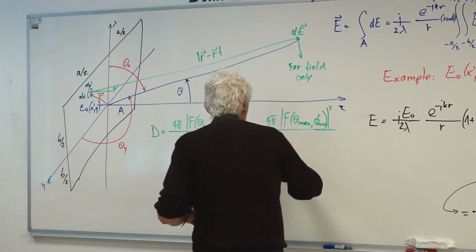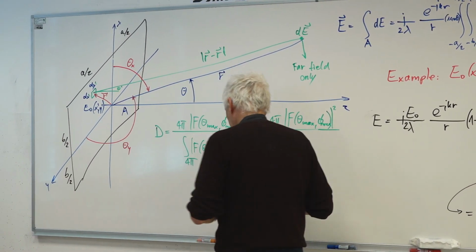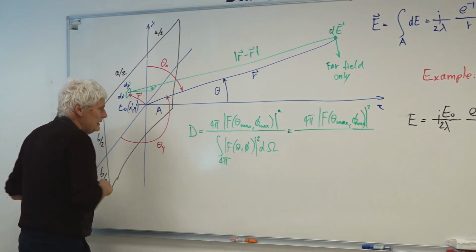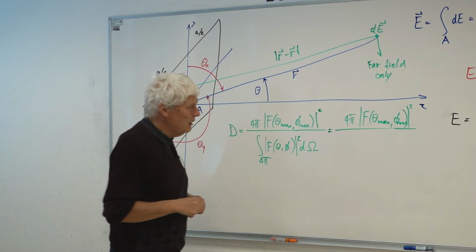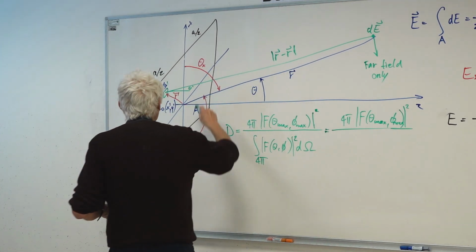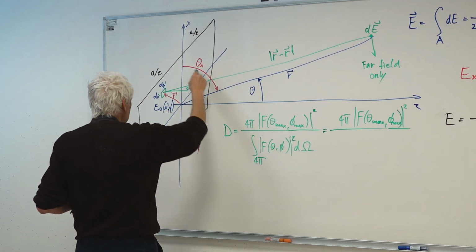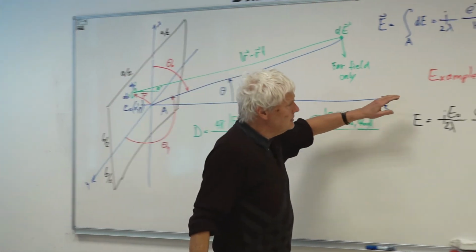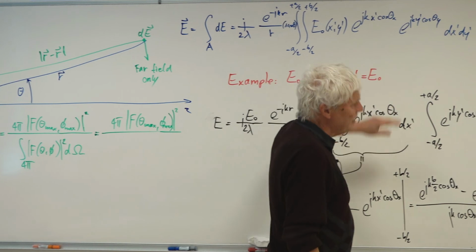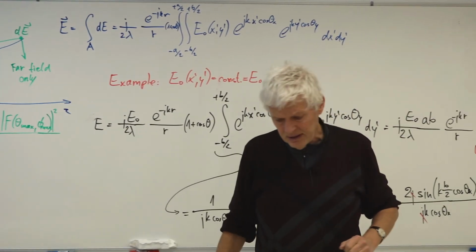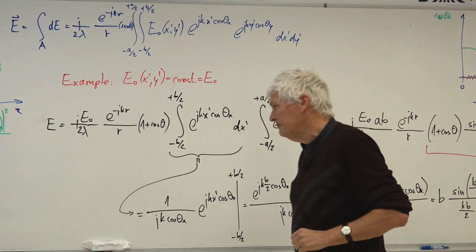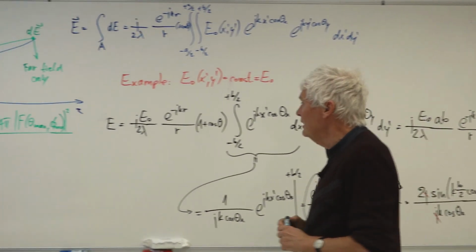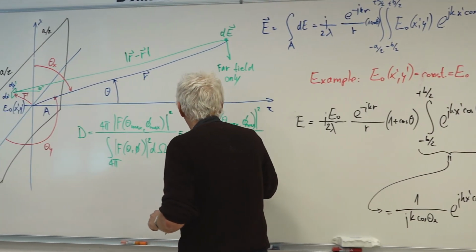This power may be obtained by integrating only on the aperture, because on the aperture I have this E0. If E0 is constant, it's even easier. It's just a multiplication, not the actual integral.